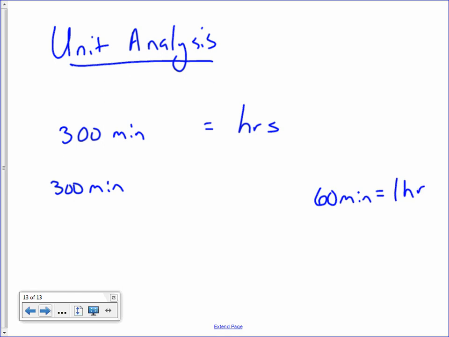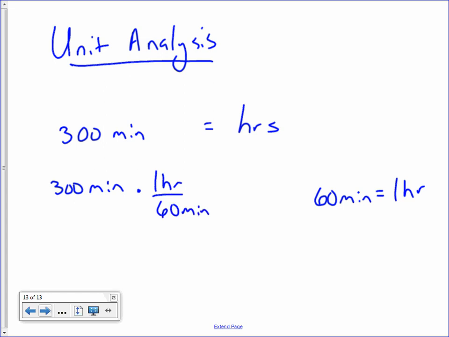So in unit analysis, what we're going to want to do is use some ideas that we have used with, as a calculator, by the way. No one lost their life there. So we're going to set up an equation where we can find out how many hours. So what we would do, we would use the conversion of 60 minutes to 1 hour, and we would multiply here by 1 hour over 60 minutes.